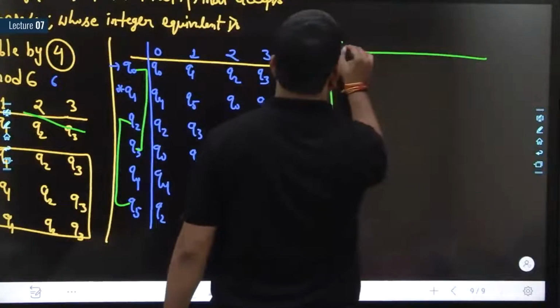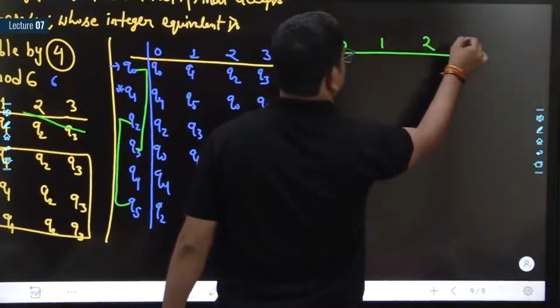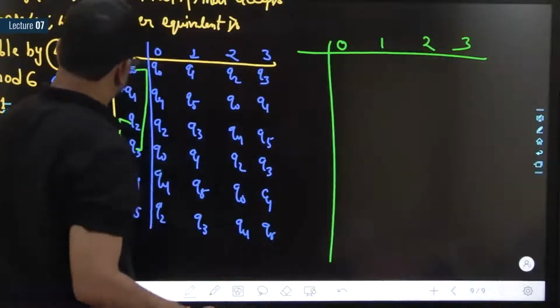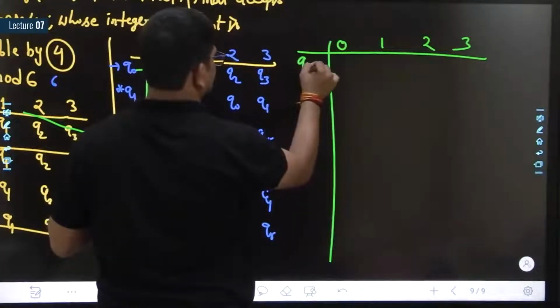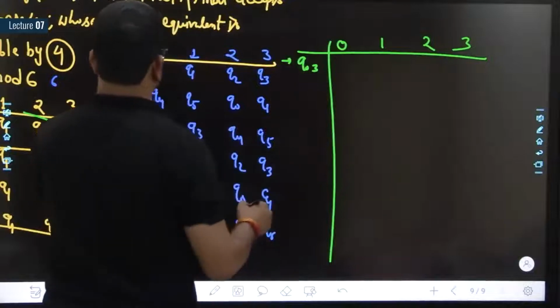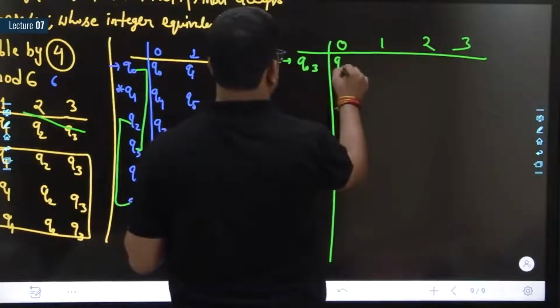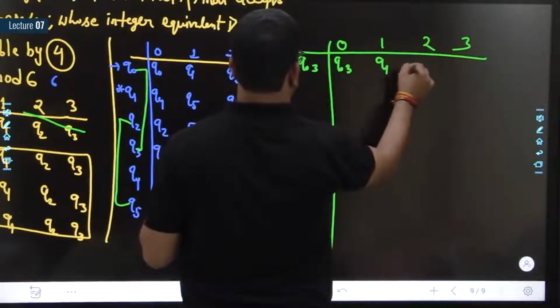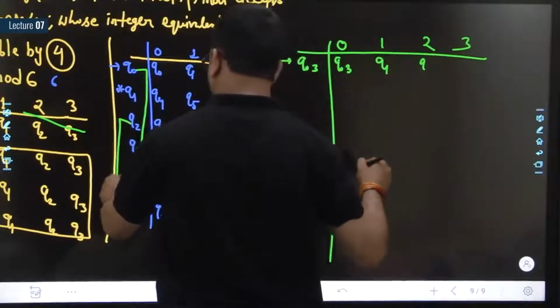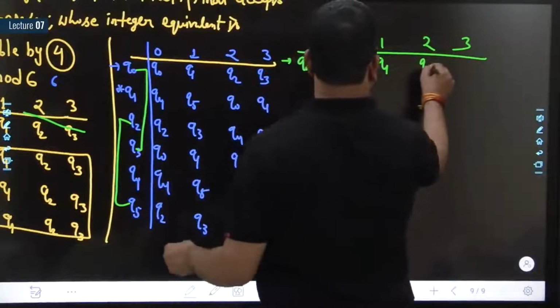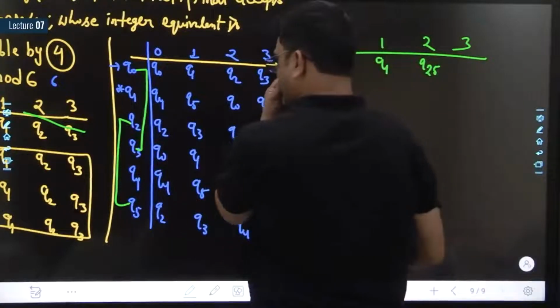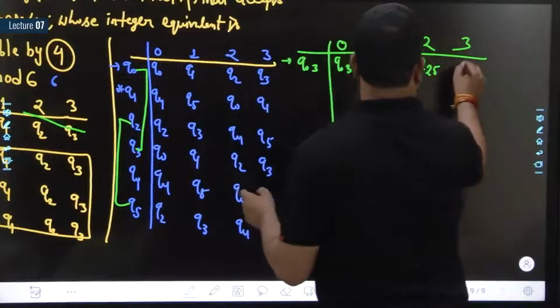When we merge Q0 and Q3, we get Q03. Q2 and Q5 I am merging.